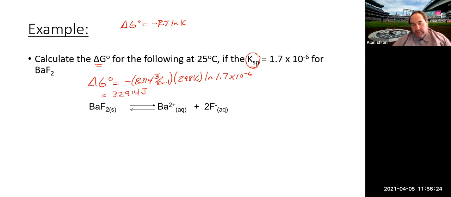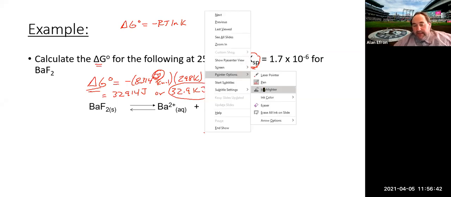And these would be joules, based off of the gas constant. Again, because delta G is typically given in kilojoules, you could convert that down into kilojoules in this case. Any questions on that?